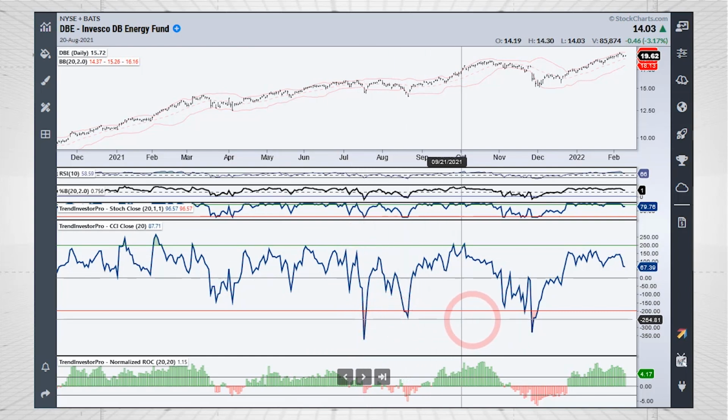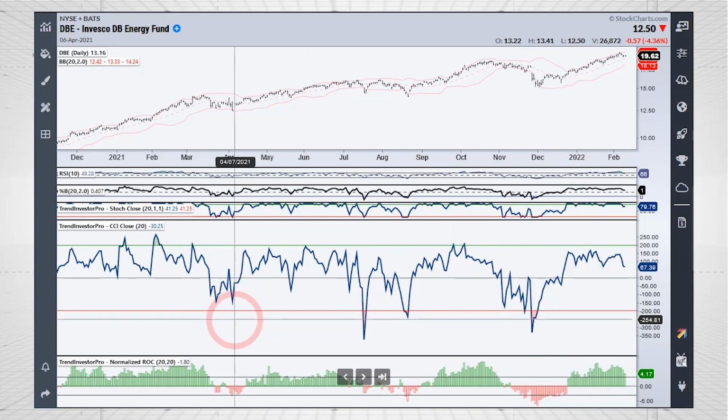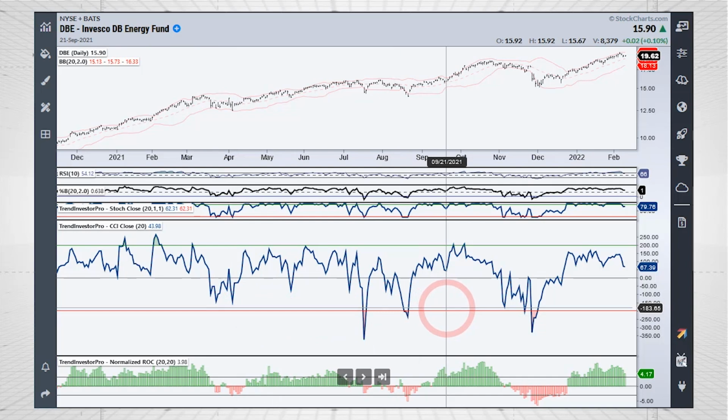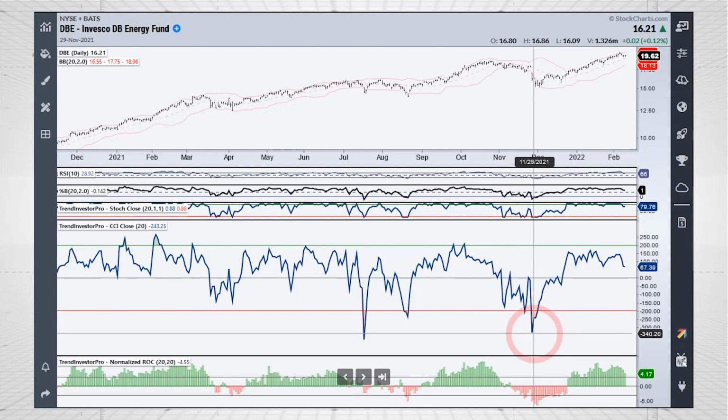And there you can see some dips below minus 200. We didn't have a dip in March and April. But this is similar, say, to RSI. It's a little bit more volatile as far as the swings are concerned. But below minus 200, you have an oversold condition that could lead to a bounce.